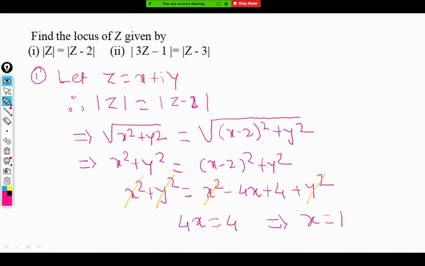So we say mod z equal to mod z minus 2 is a straight line parallel to y-axis, or you can just say it is a straight line.